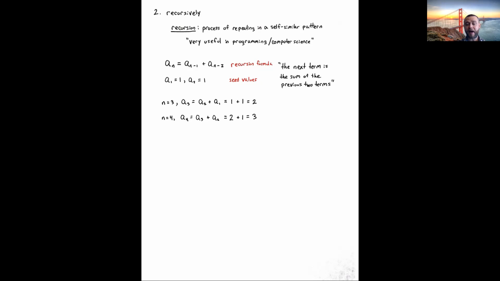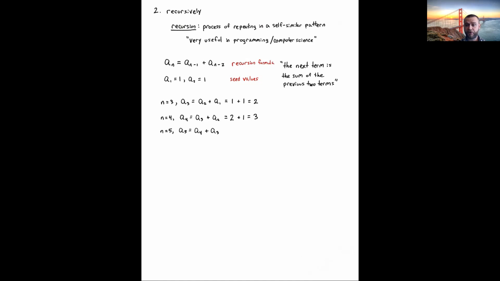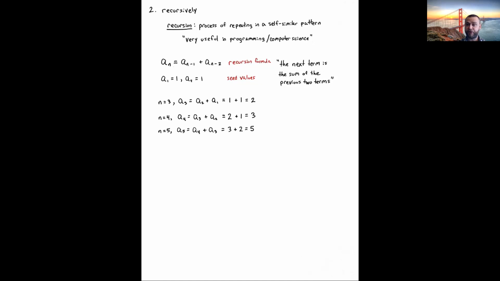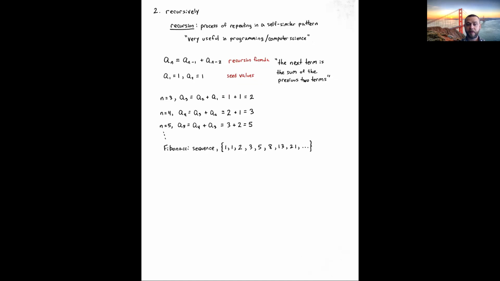And you can probably see the pattern here. We're just going to add the previous two values. This sounds like the Fibonacci sequence. We should find here A5 comes out to 3 plus 2, which is 5. And sure enough, this is defining recursively the Fibonacci sequence.